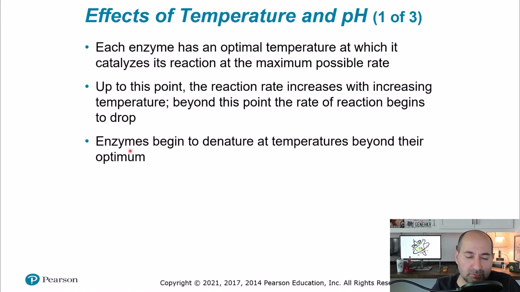And remember what happens when you go above the optimal temperature for the enzyme. At some point, the enzyme begins to denature because it becomes too hot, and that protein then loses function.